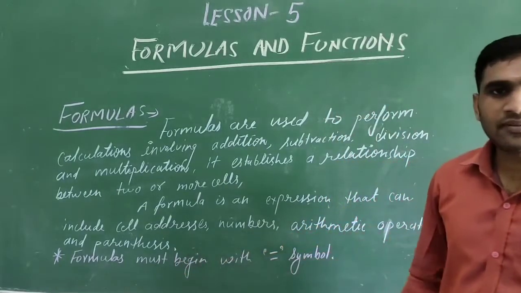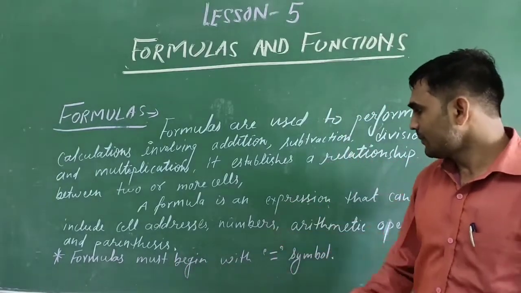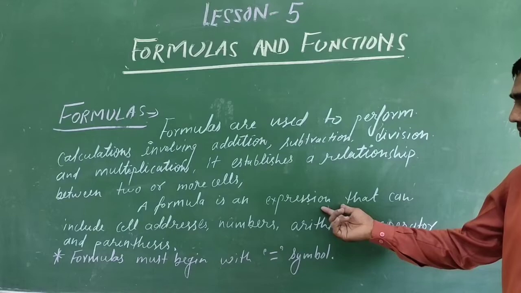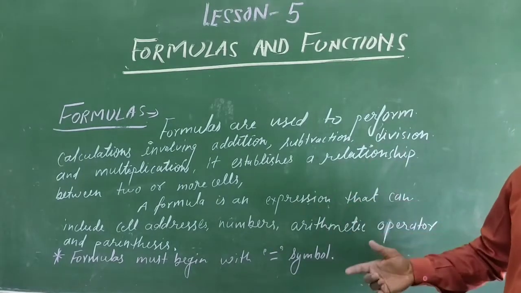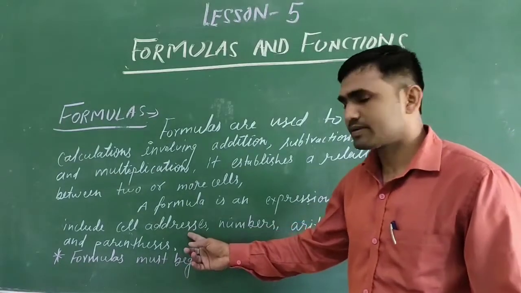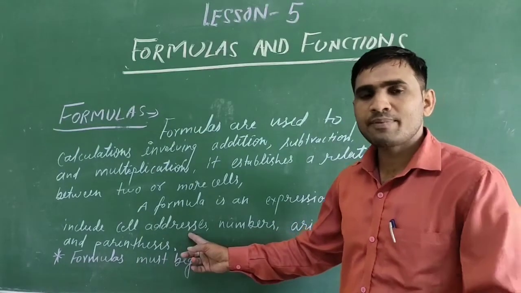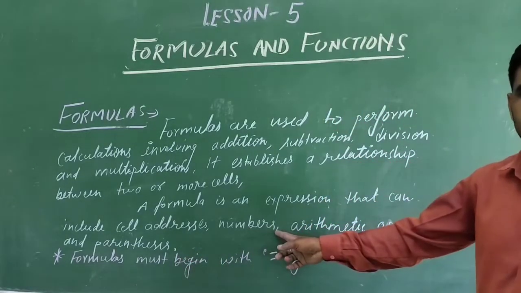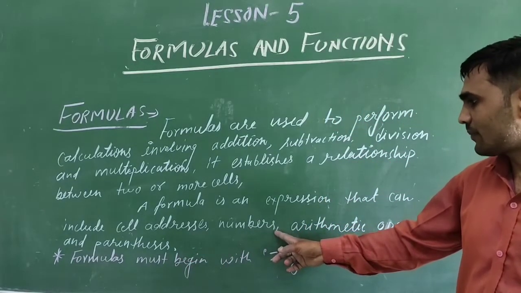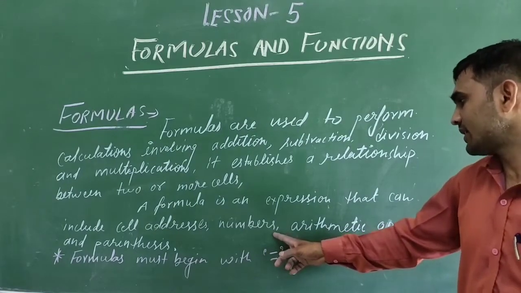If we are using a formula, we need some expression that can include cell addresses, right? There are cell addresses, numbers, any type of number, 10, 20, 30, any number we can take.